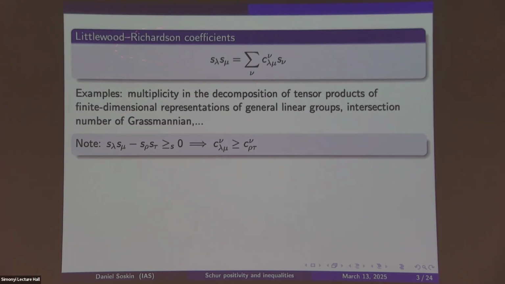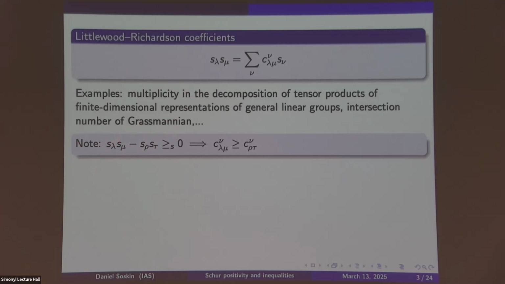Here we have the definition of Littlewood-Richardson coefficients. So Littlewood-Richardson coefficients are structure coefficients for Schur functions. Well, they appear in many different areas of mathematics. For example, they are intersection numbers of the Grassmannian. And today I'm interested in studying inequalities between products of pairs of Schur functions.